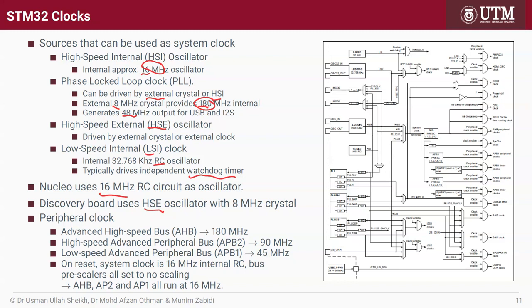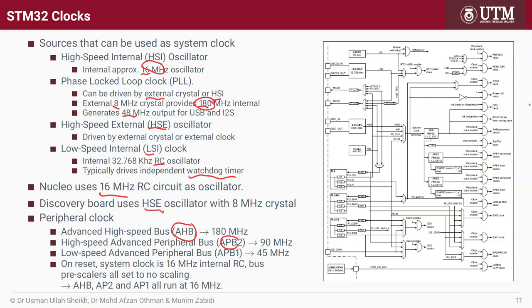And then to run all the peripherals, we also need some clocks which are derived from all these other clocks. On the chip, there are two big types of buses. One is the AHB, Advanced High-speed Bus, and the other is the Advanced Peripheral Bus.